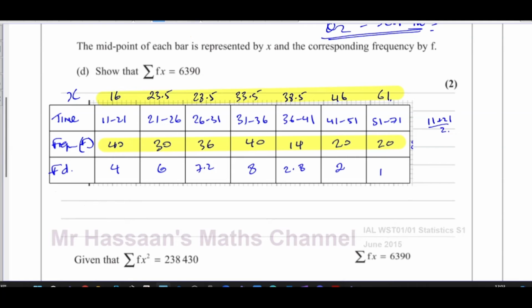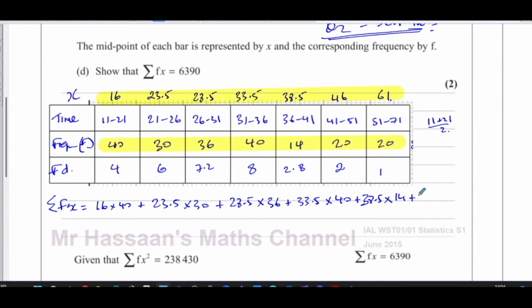We can show that the sum of fx is going to be 16 times 40 plus 23.5 times 30 plus 28.5 times 36 plus 33.5 times 40 plus 38.5 times 14 plus 46 times 20 plus 61 times 20.